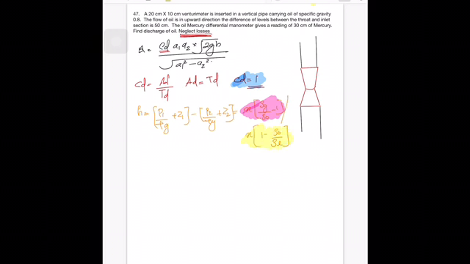That depends upon the specific gravity of manometric fluid and specific gravity of fluid in pipe.